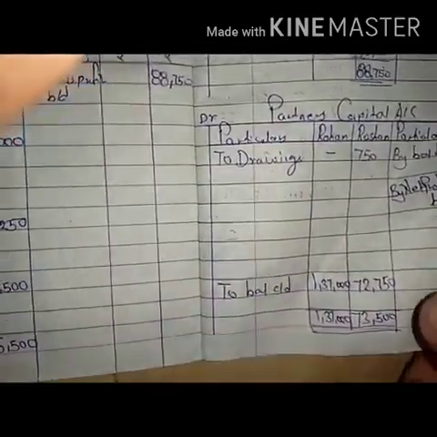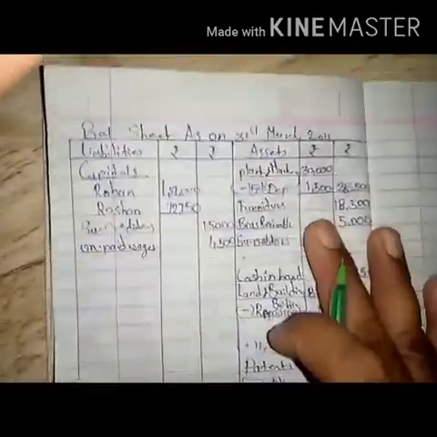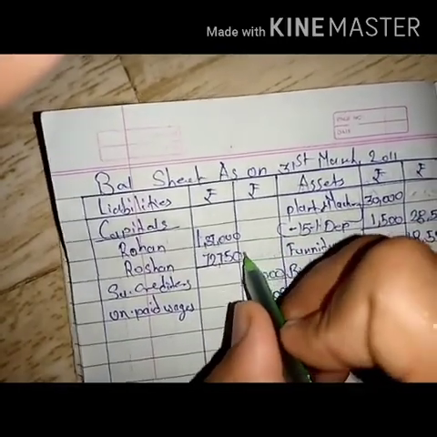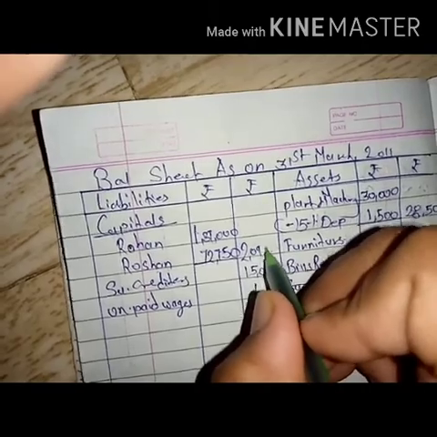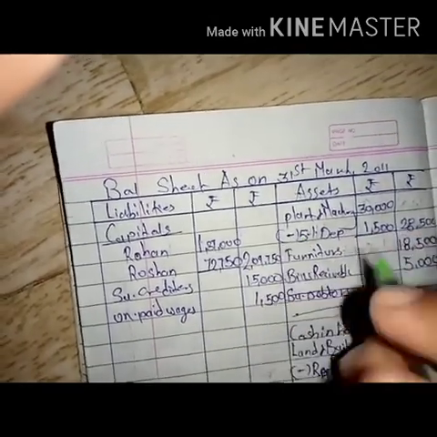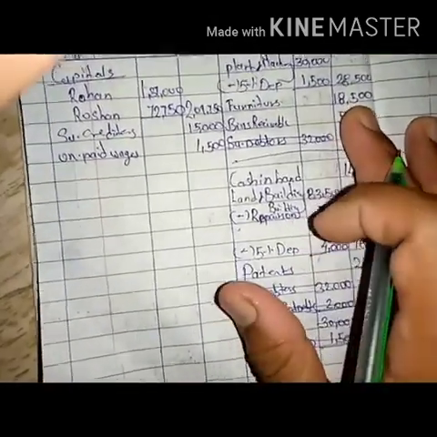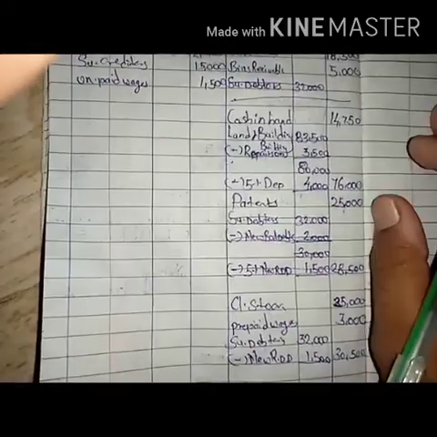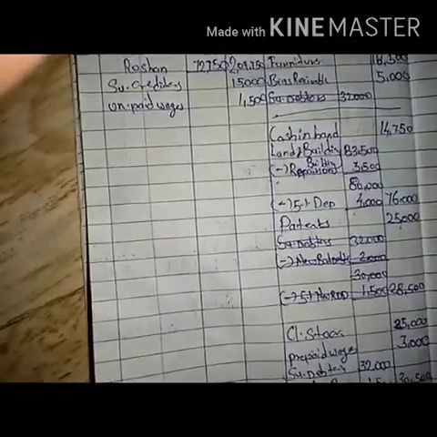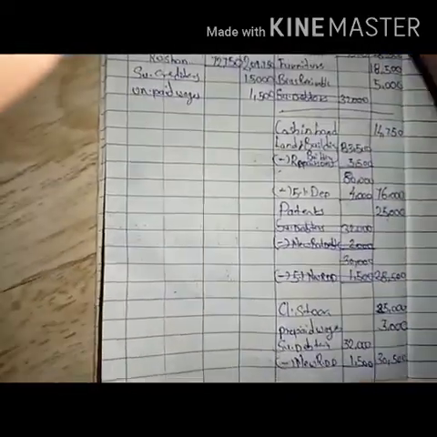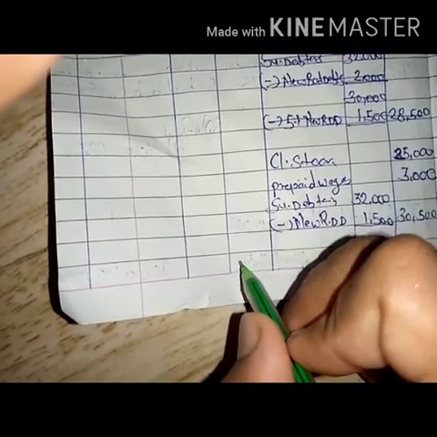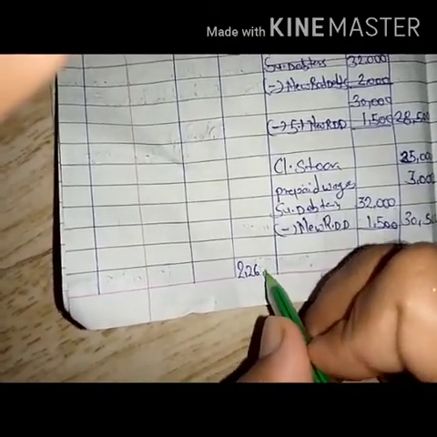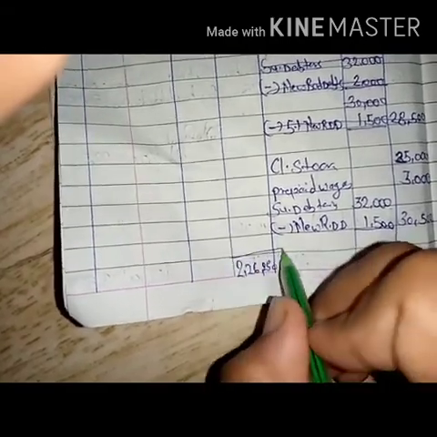Make the total of this amount, and you will find 2,09,750. Make the total of the sum. After making the total of the sum, you will find a tally total of 2,26,250.